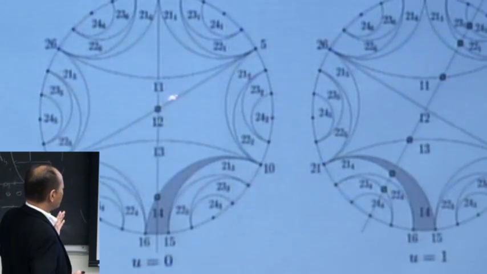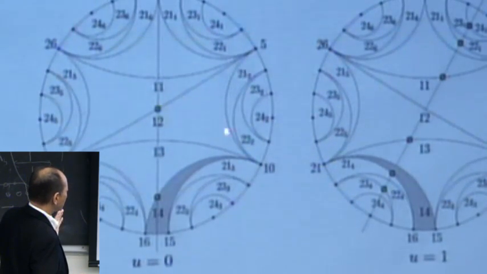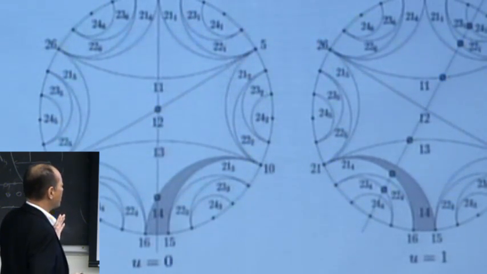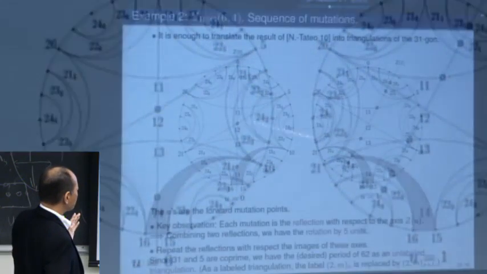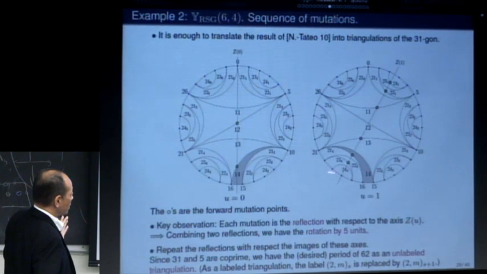This is important. Other points are either symmetric or just do not cross this one. So this is symmetric, but this is not symmetric with respect to this axis, it is flipped. So it gives a reflection. After the reflection, you get this. Now, the next forward mutation points turn out to be these 6 points.